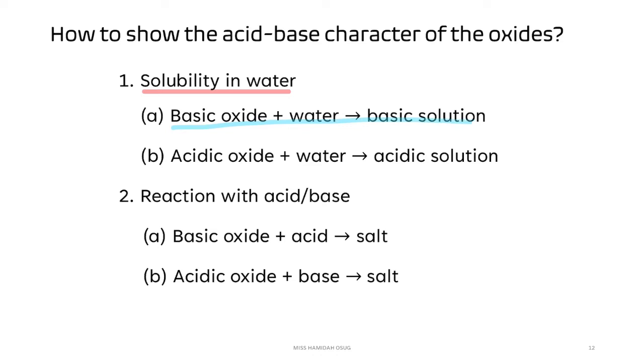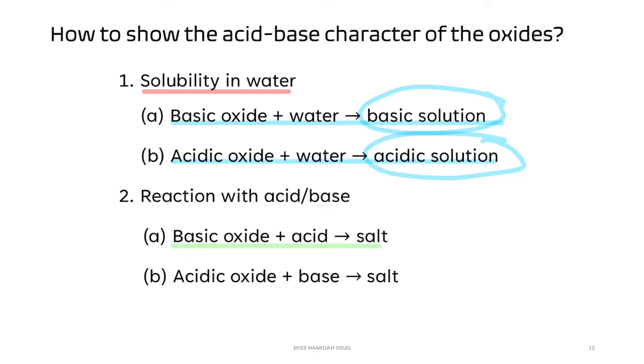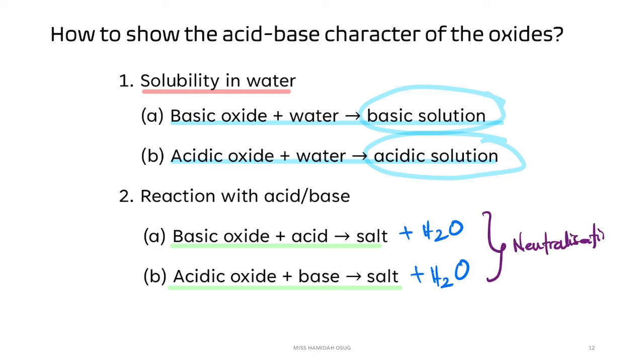When basic oxide is dissolved in water, it will form basic solution, while acidic oxide dissolved in water will form acidic solution. Furthermore, when basic oxide reacts with acid, it will form salt and water, and the same thing happens when acidic oxide reacts with base, it also forms salt and water. This reaction is also called neutralization.